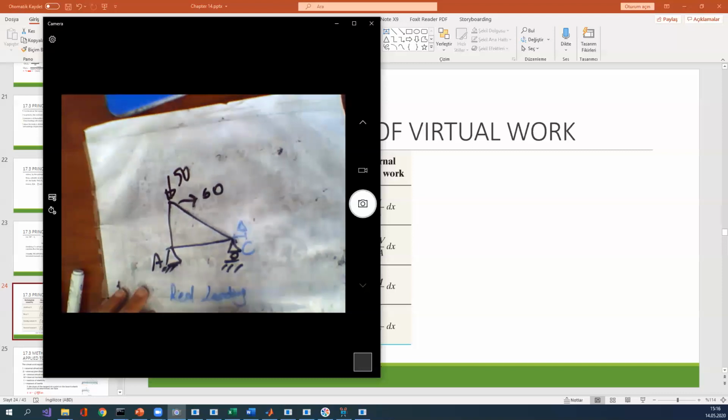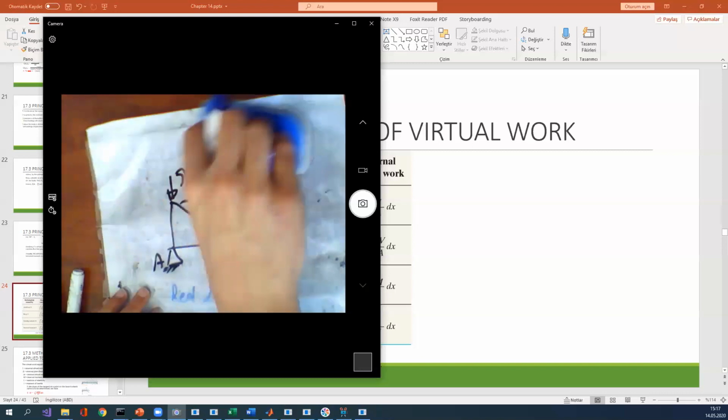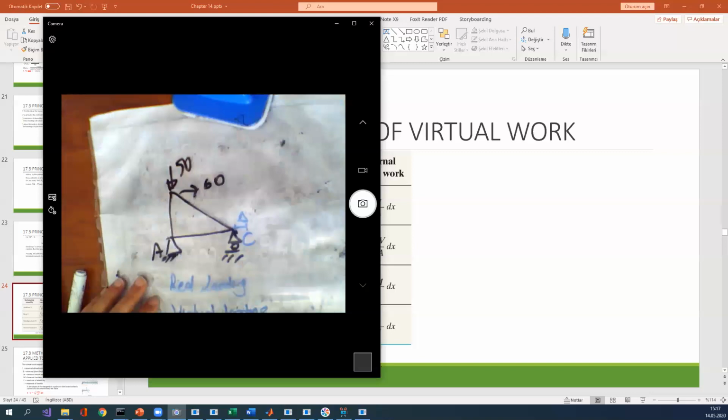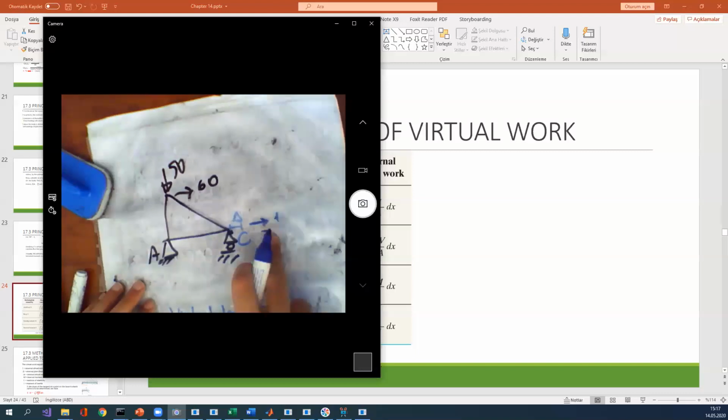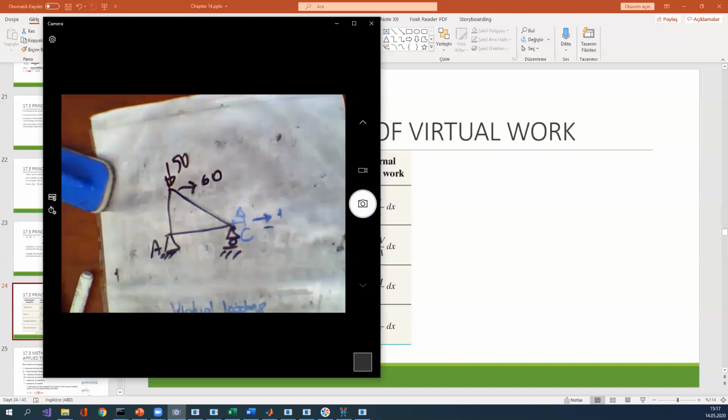For virtual loading, we eliminate these forces. We don't need to take these forces into account. We put a unit force, just one force, in the delta direction, in the horizontal, and the second loading type is the virtual loading.